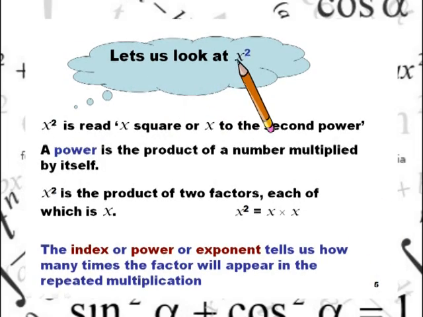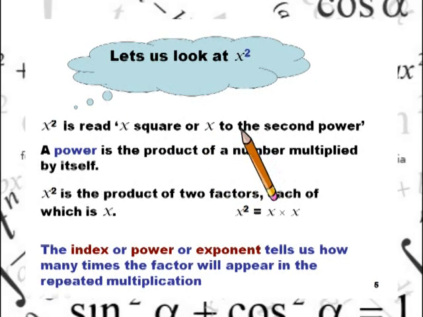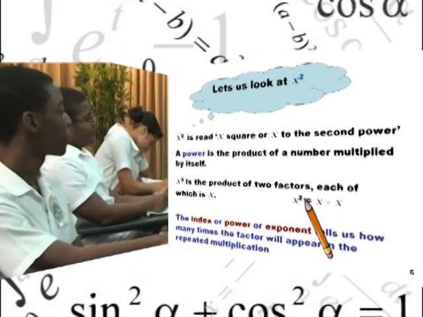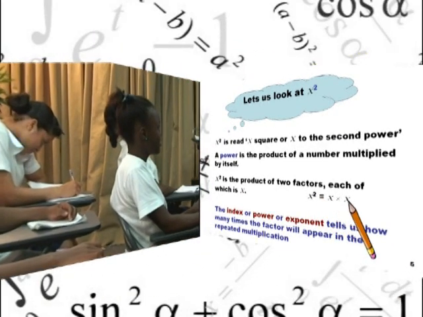Let us look at x squared. x to the second power is read x squared or x to the second power. A power is the product of a number multiplied by itself. x squared is the product of 2 factors, each of which is x. x squared is equal to x times x.